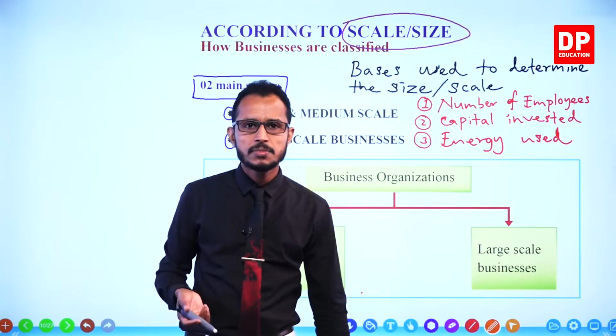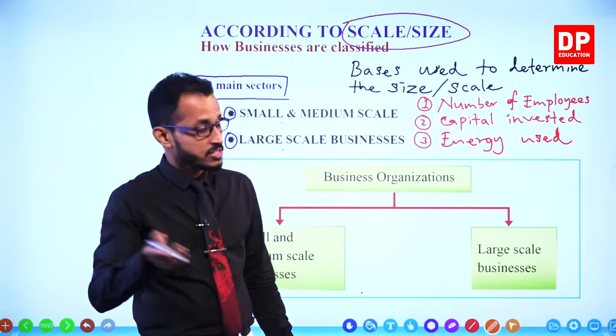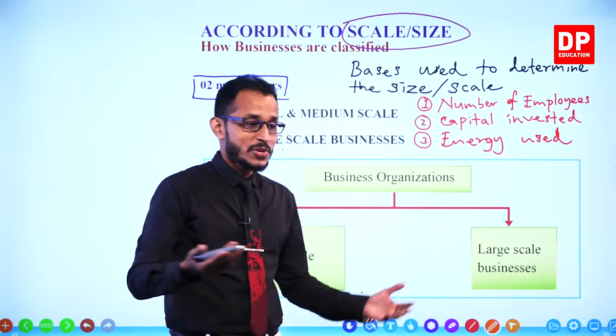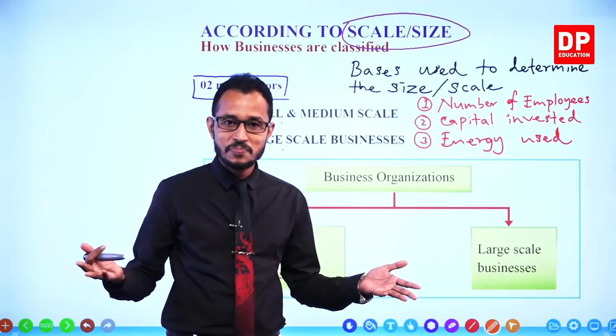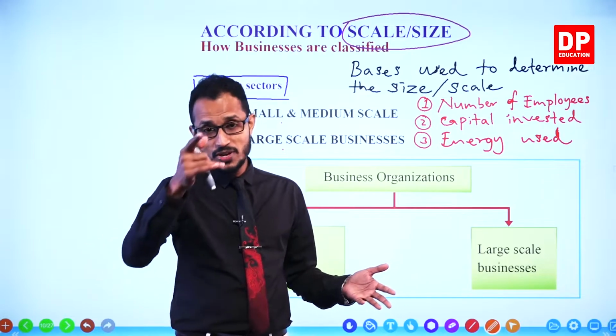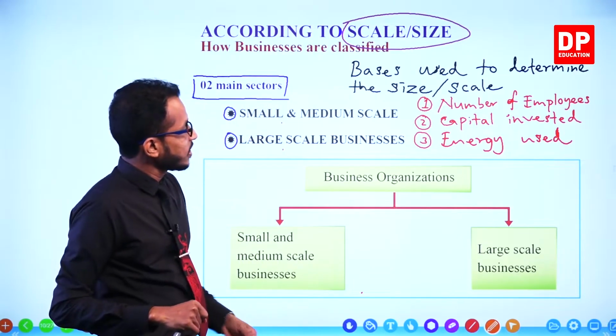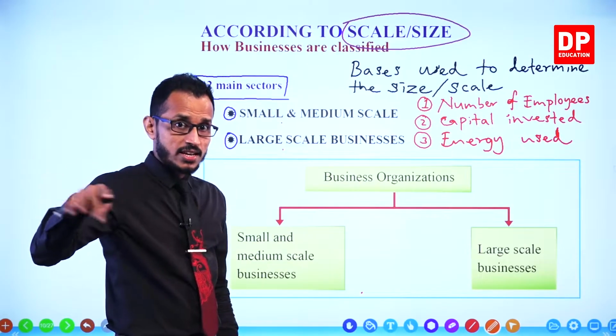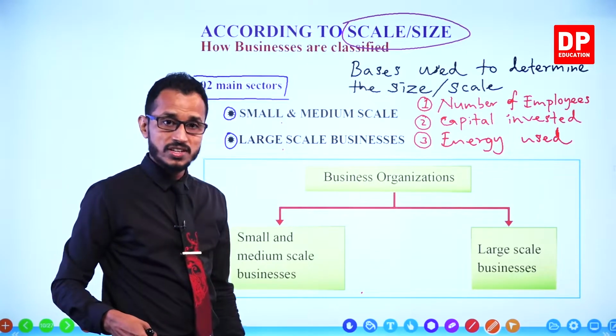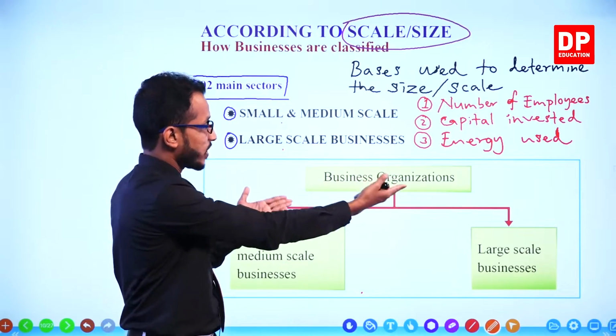Maybe that's a large scale business. If it is Siripala's king coconut business, no electricity is used. Very less energy is used. So you can consider that. These are the criteria, children. We are going to come across more criteria when we go to the next slide, next screen.